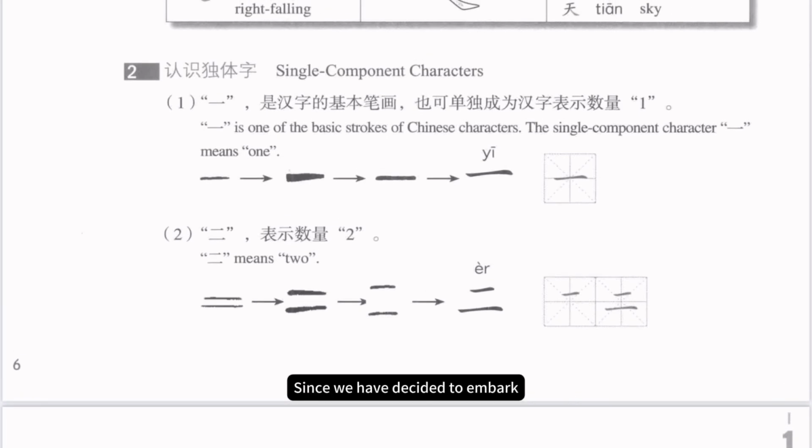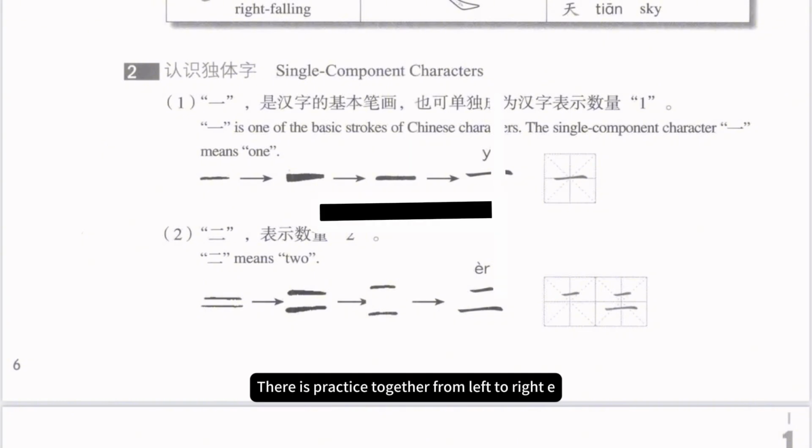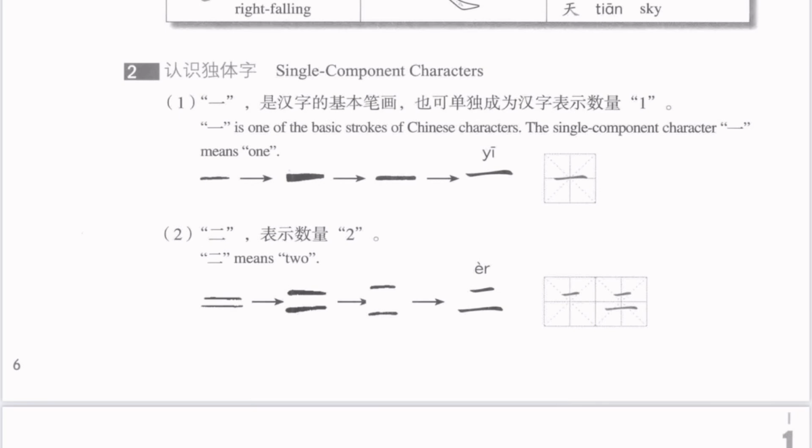Since we have decided to embark on this journey of learning Chinese, it is important we learn a few characters. And some of them are actually very simple. We use one straight line to represent number one. How about number two? Just add a second line under it. Two lines is number two. Let us practice together. From left to right. Yi. Add another below it.